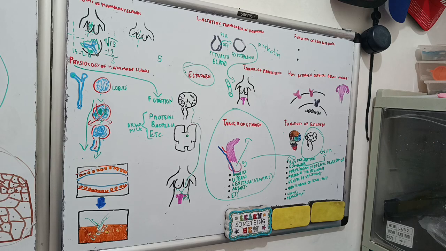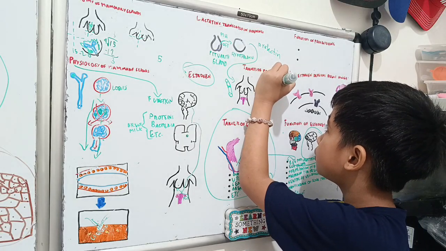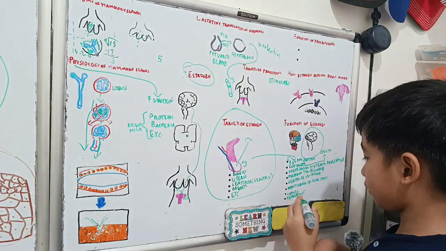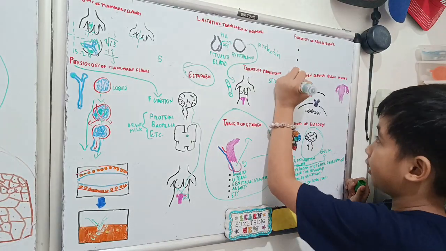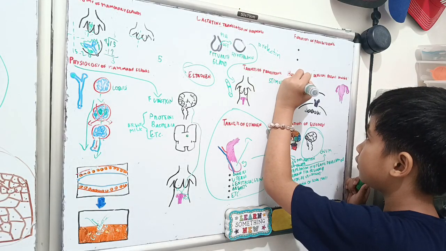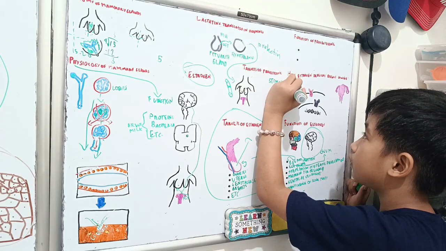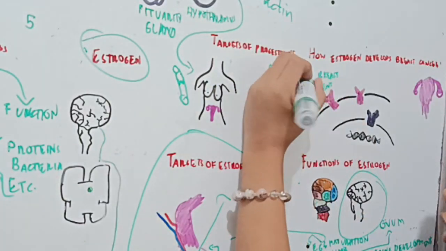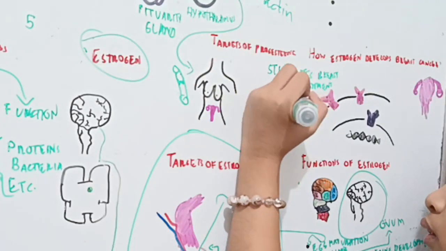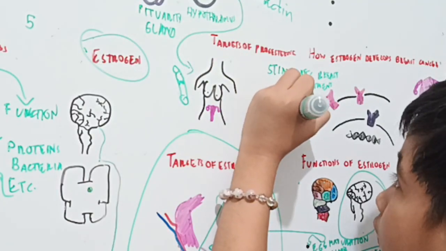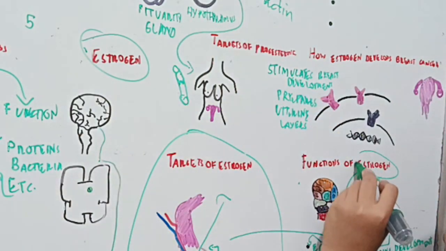They also stimulate breast development here in the progesterone, and also prepare uterine layers, like estrogen does.